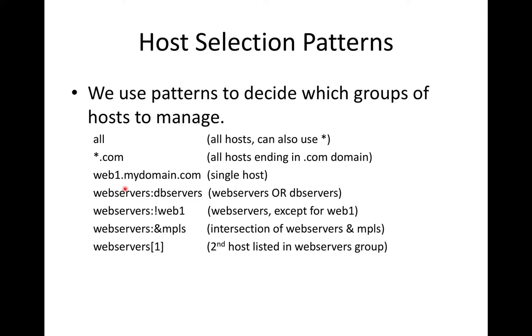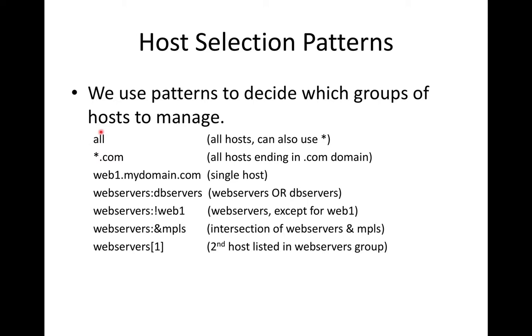Now, you can control which servers Ansible is going to apply configuration against, and there are a number of different ways to do that. You can use different patterns to describe which groups or which hosts Ansible is going to apply configuration against. You could create a play which applies configuration against every host in the inventory file, in which case you can use the word all.